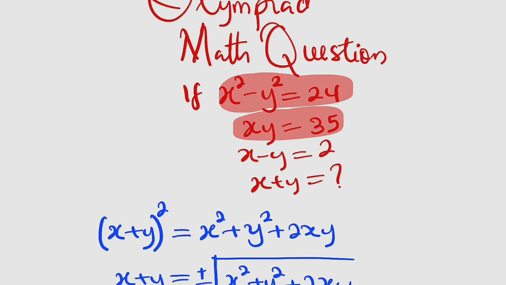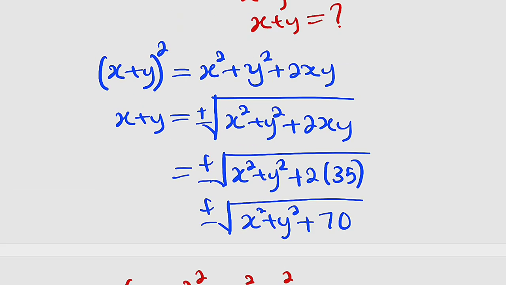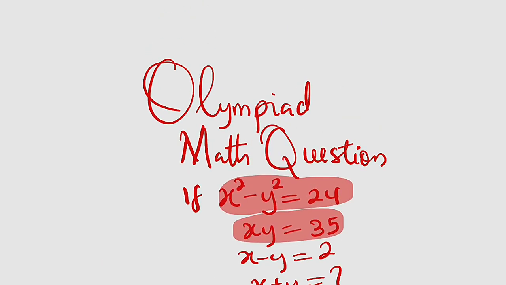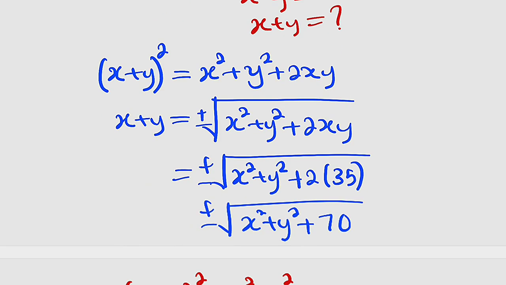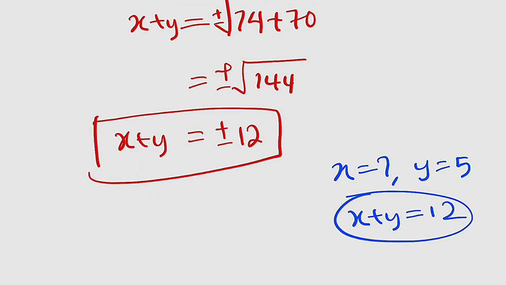This is why we got that plus or minus 12 here. If you want to confirm, you can say, what if x is negative 7 and y is negative 5? If you multiply them together, you have to get 35. So this is where we are able to obtain plus or minus 12.